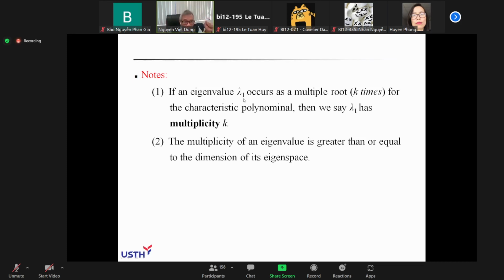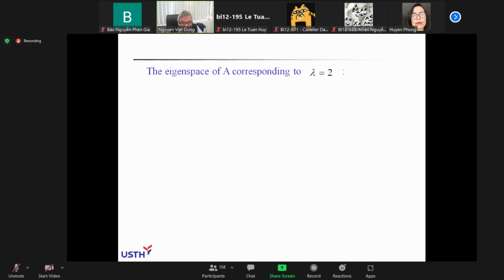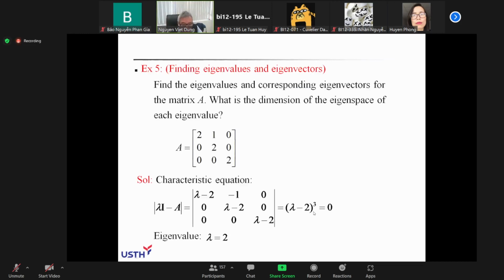If lambda 1 is a nghiệm bội of the characteristic polynomial, k times, then we say lambda 1 has multiplicity k. Khi đó ta sẽ nói lambda, cái eigenvalue lambda này sẽ có bội bằng k. And that is our example here. Here, the eigenvalue lambda equal to 2 has multiplicity 3.